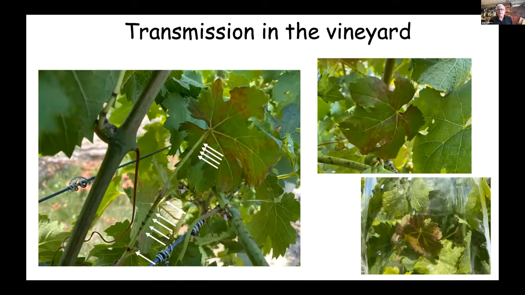So I wanted to explore with the grad students other hosts that could be used as a landmark to have high transmission. So with this idea in mind, and to put the low transmission from grape to grape in a bigger perspective, we explored leguminous species because we know they're the preferred hosts and reproductive hosts of the three-cornered alfalfa hopper.